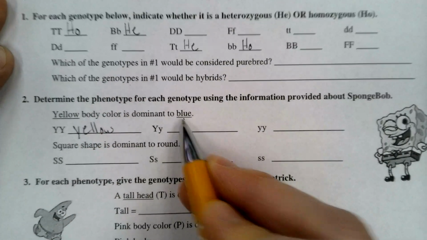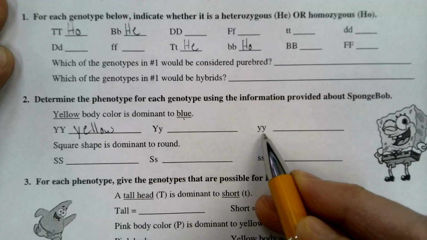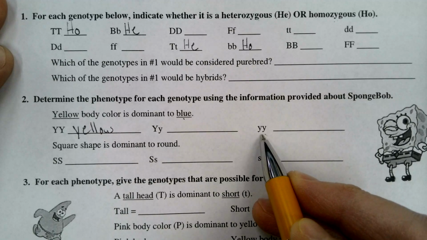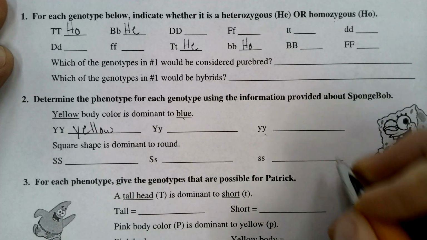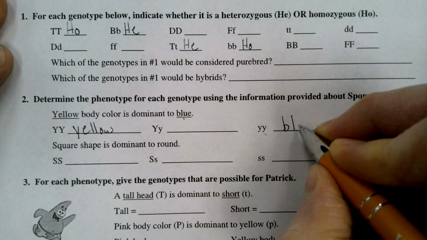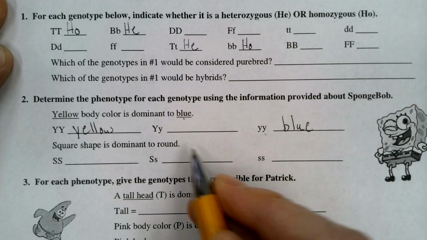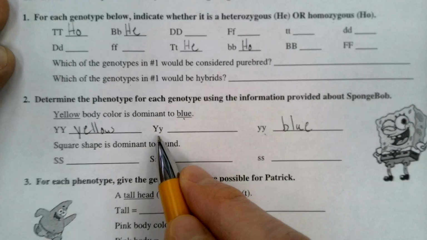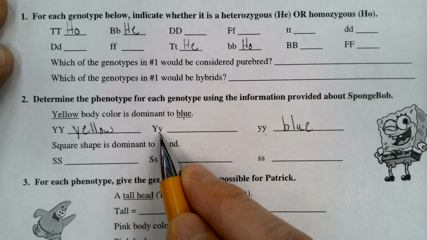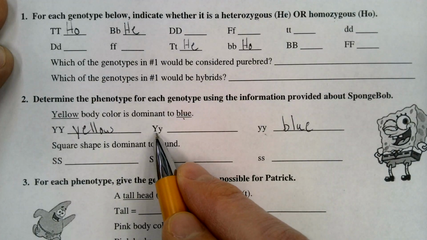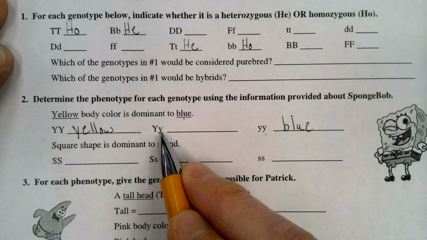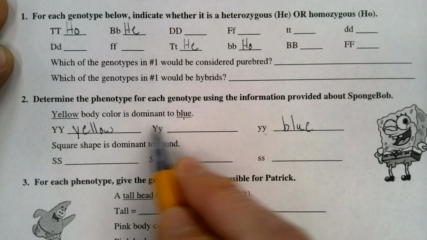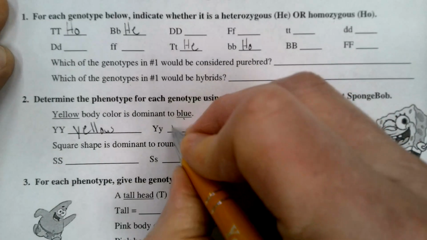In order to be blue, you have to have both of the recessive traits. So little y, little y, that is blue. When you have one of each, one dominant and one recessive, the dominant is going to overpower or block the recessive. So instead of being blue, you're going to be yellow.